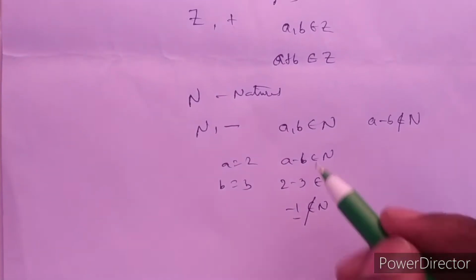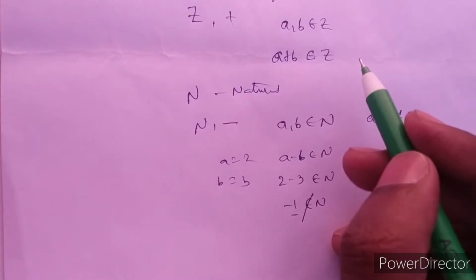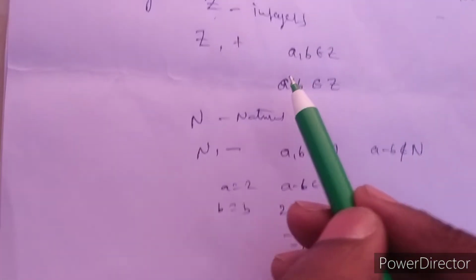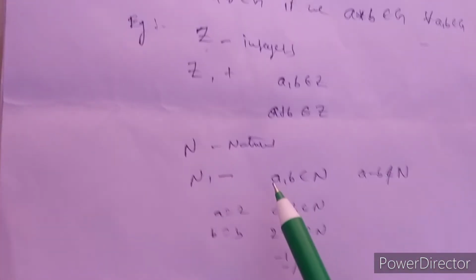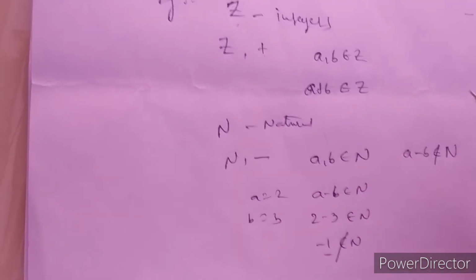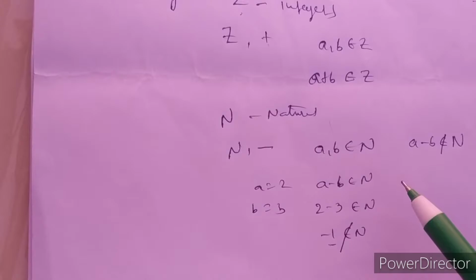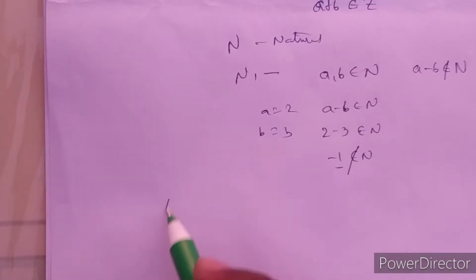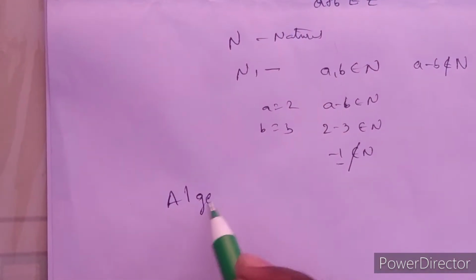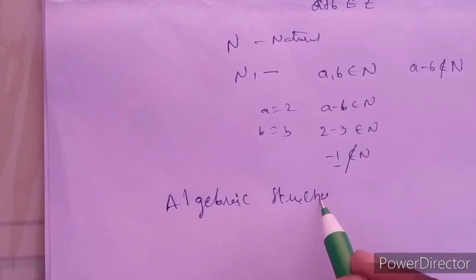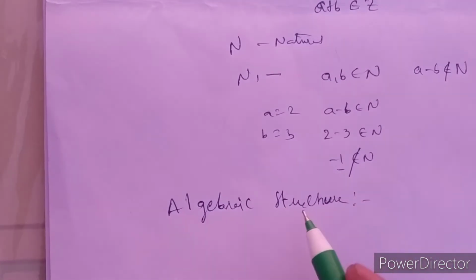Okay, so that means binary operation exists for integers, not to say for all numerical number systems, that is natural numbers, whole numbers, integers, rational numbers, irrational numbers, like that. Now the next concept is algebraic structure.